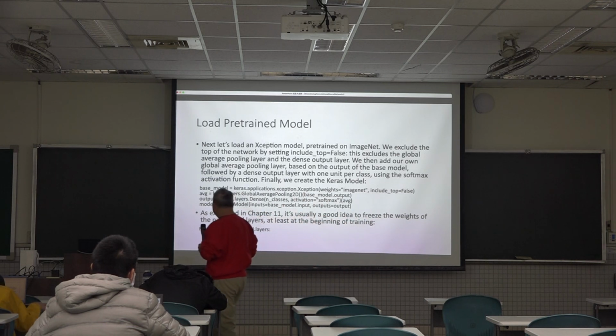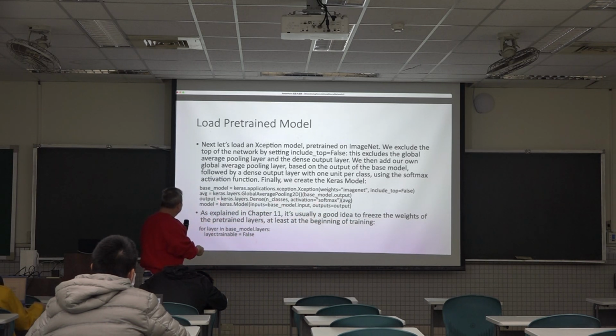Once you have that, you call that the base model, and then we use the functional API. We also exclude the global average pooling, so we create our own global average pooling. Then we include a dense layer, but for this dense layer we specify n_classes.